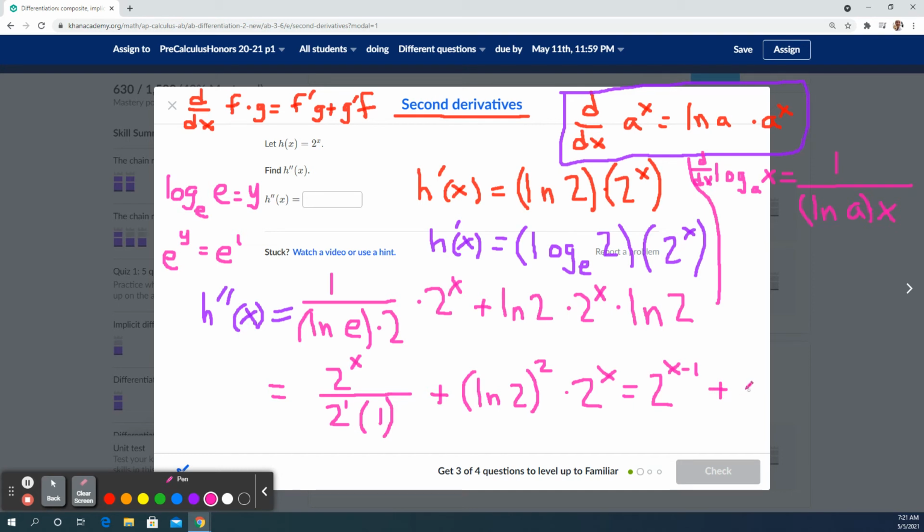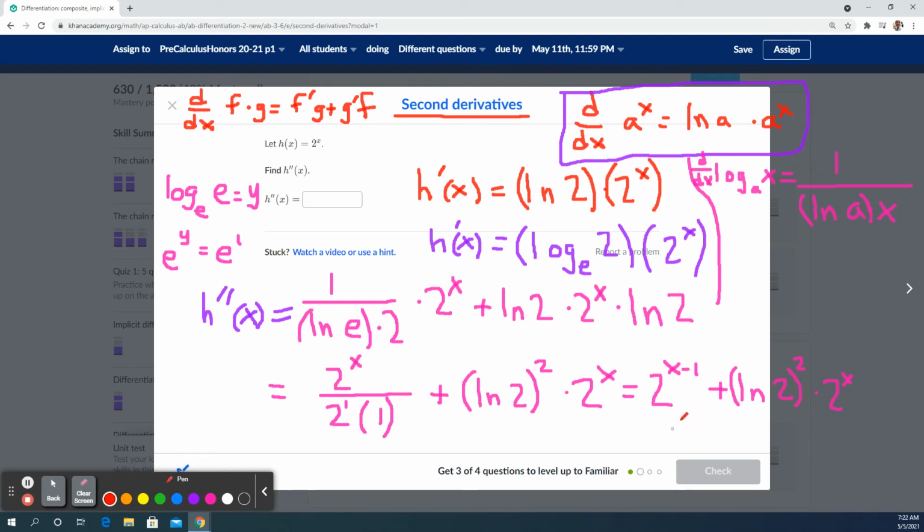So all of this is equal to 2 to the x minus 1 plus ln of 2 squared and times 2 to the x. Let's see, I could pull out the 2 to the x also.